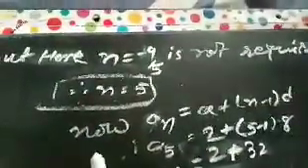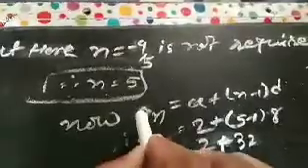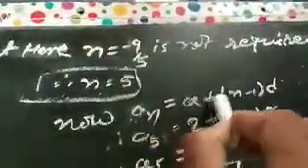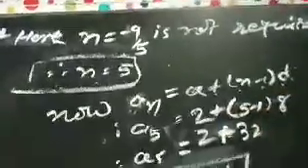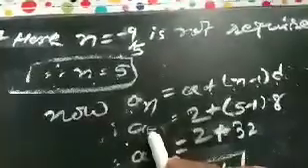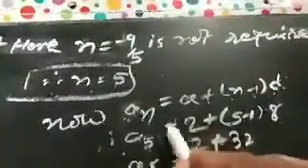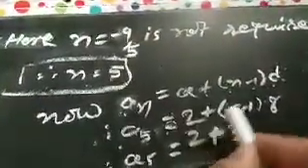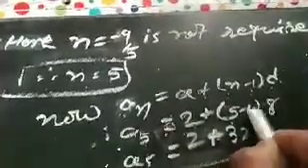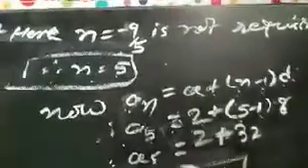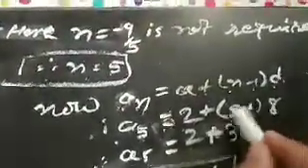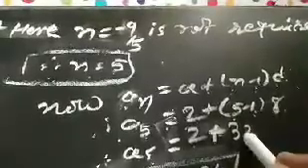Now we find the second answer, that is an. We use the last term formula, a plus n minus 1 into d. Here n is equal to 5, so a5 is equal to 2 plus 5 minus 1, which is 4, multiplied by 8. 4 eights are 32.